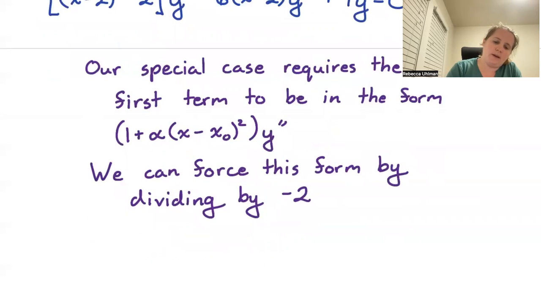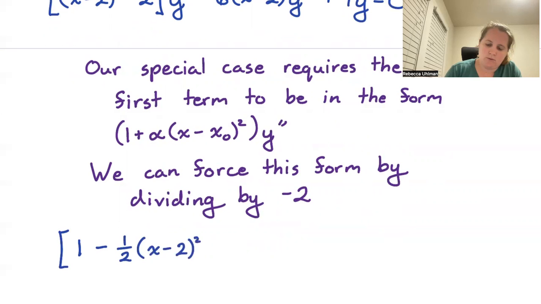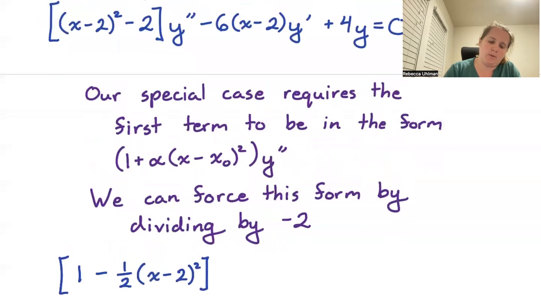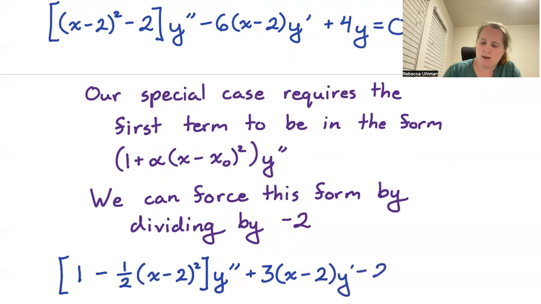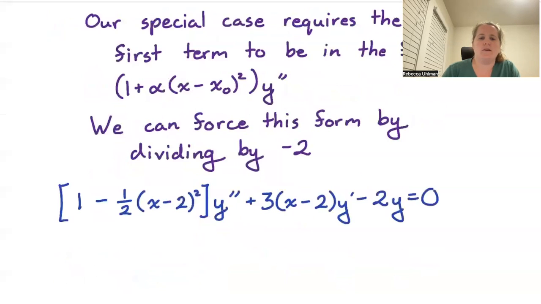And so what we get is 1 minus 1/2 times (x minus 2) squared, all multiplying y double prime, then plus 3 times (x minus 2) times y prime minus 2 times y is equal to 0.